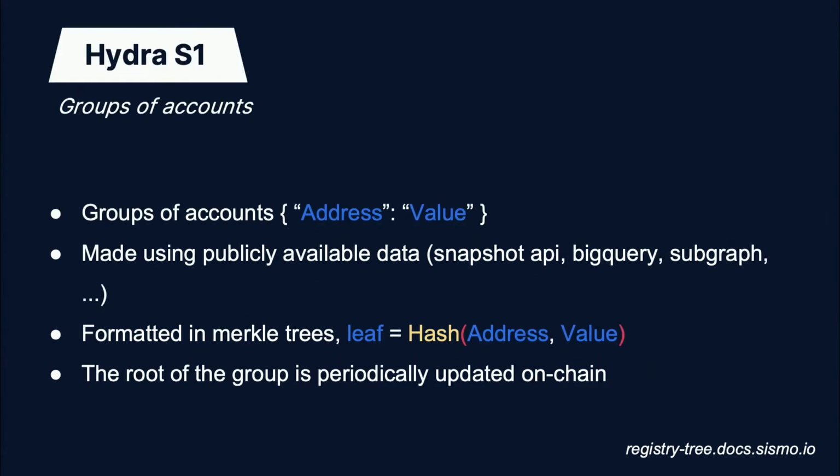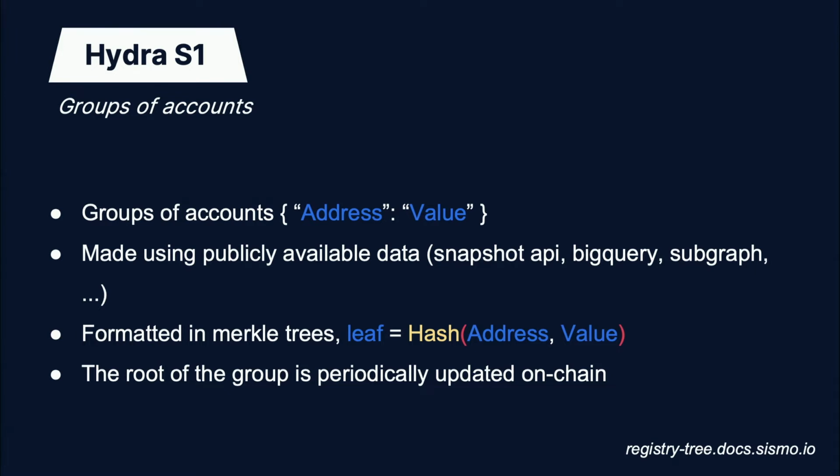So here, what is groups of accounts? So it's basically just addresses and values. For instance, if you have a group of Punk owners, the value will be the number of Punks you own, and the addresses will be all the addresses that own a Punk, so something like 3,000 addresses.